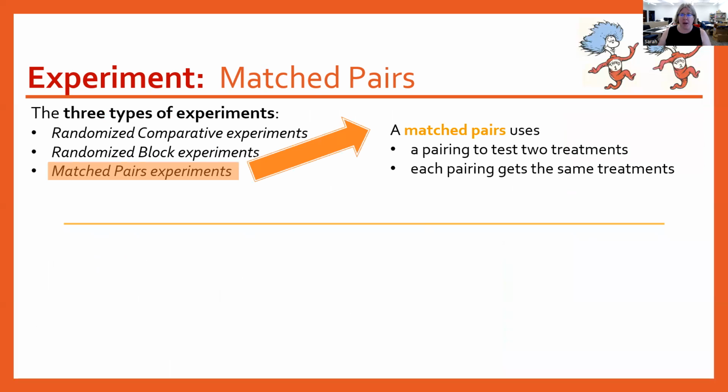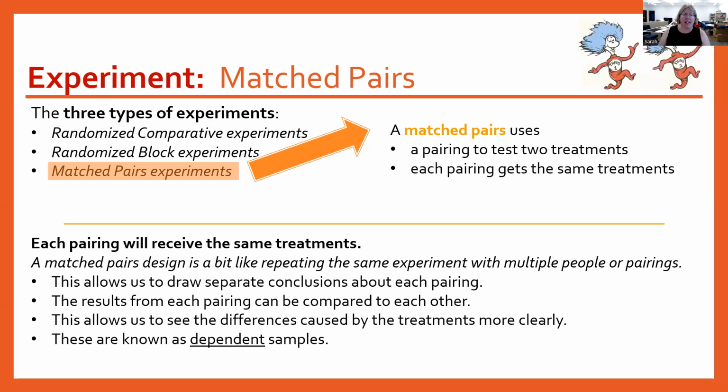Okay, so a matched pairs experiment uses a pairing to test two treatments or a control and a treatment, and each pairing gets the same treatments. In a lot of respects, this is a lot like a block design, except that in a block design, we might have 2, 3, 4 blocks that we're repeating this experiment with, whereas this is going to be every single pair that's in your group.